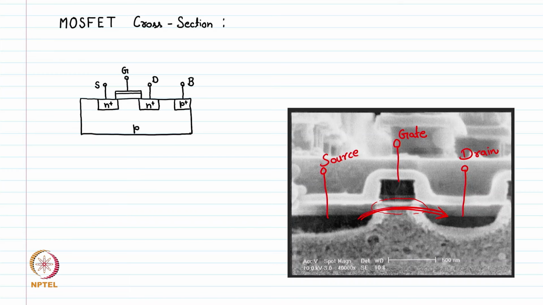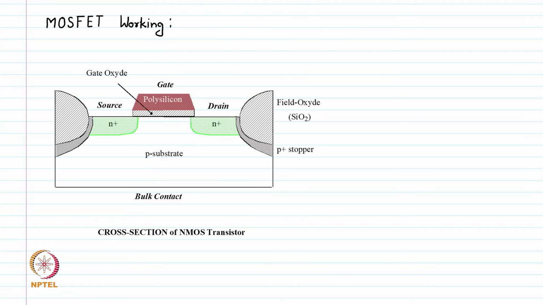Now let's see closely how this MOSFET actually works. So let's discuss that in detail. So how does this MOSFET actually work? So let's consider this cross section, which is a bit closer cross section to the real MOSFET.